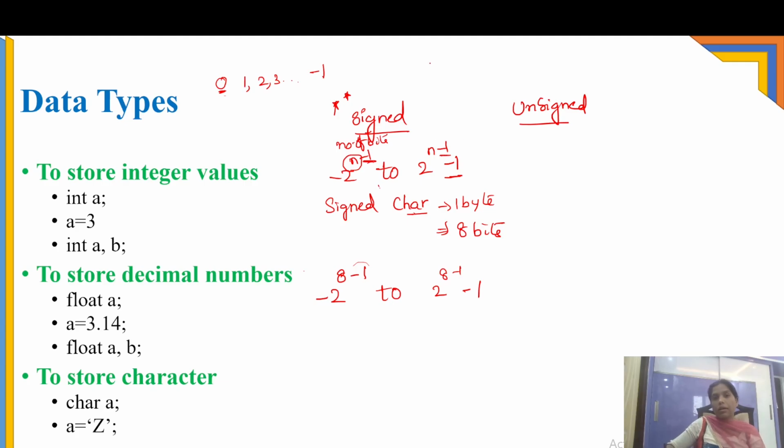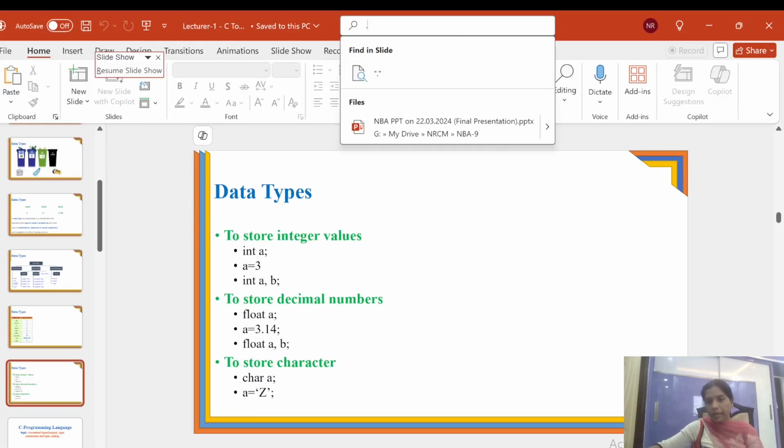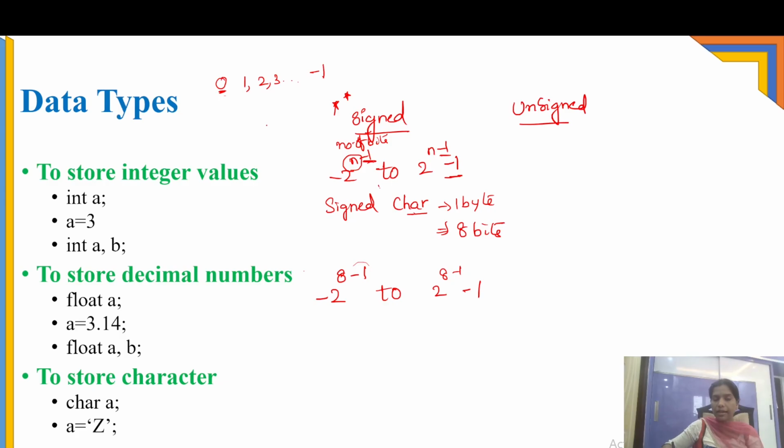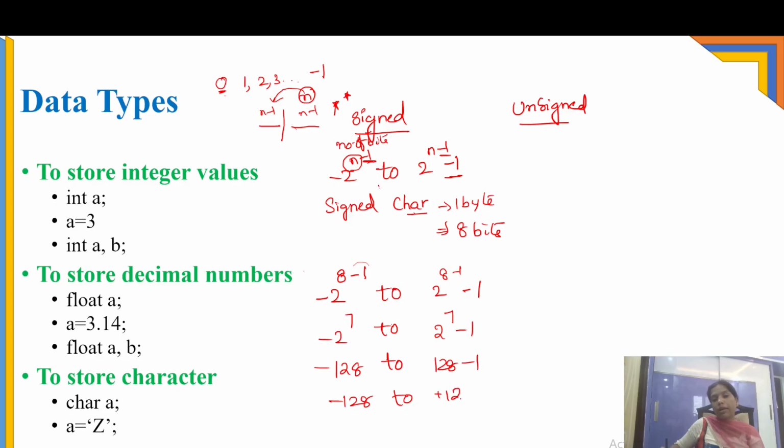Because signed means it contains both positive and negative values, so half is divided into negative and half into positive. The n is divided into n minus 1 here and n minus 1 here. That's why in the exponent we have minus 1. So minus 2 power 7 to plus 2 power 7 minus 1, where 2 power 7 is 128.